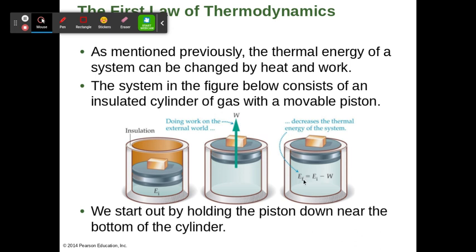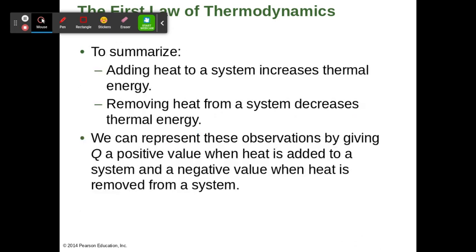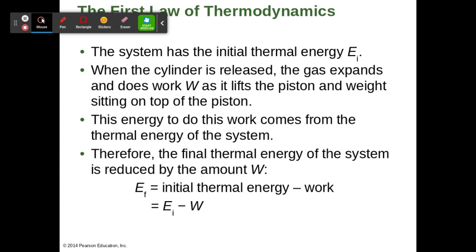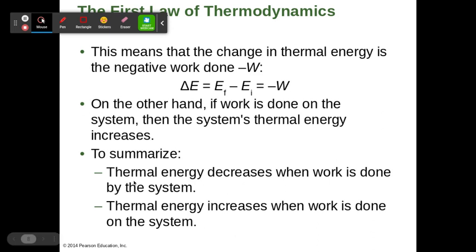So its final energy is going to be equal to whatever its initial energy was minus the work done. All right, so here's another equation for the final energy of a system. It's the initial thermal energy minus the amount of work that gets done by lifting or raising that piston up. So delta E, or the change in energy, is equal to negative the work.